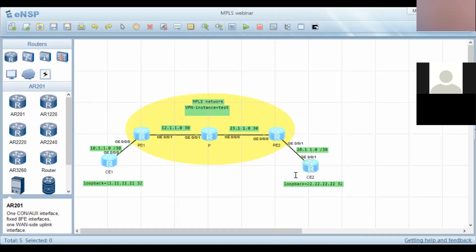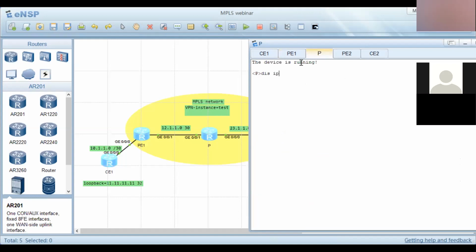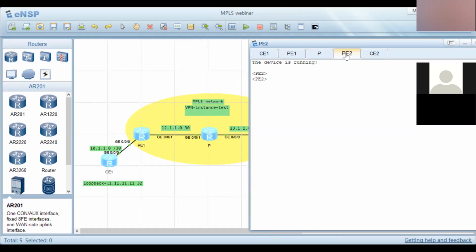This is the one that connects to the customer edge, and this one is the interface that connects to the P router, and this is its local address. The same as this one that connects to the PE1, and this interface connects to the PE2.